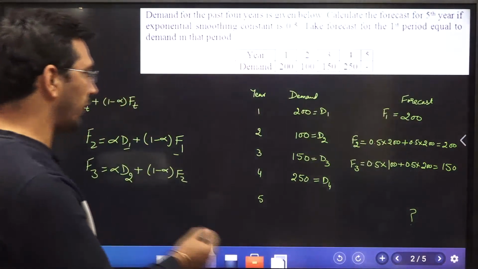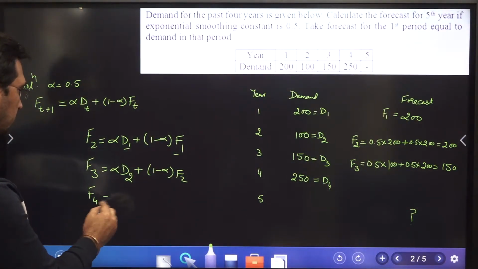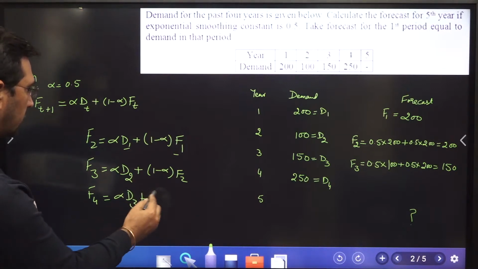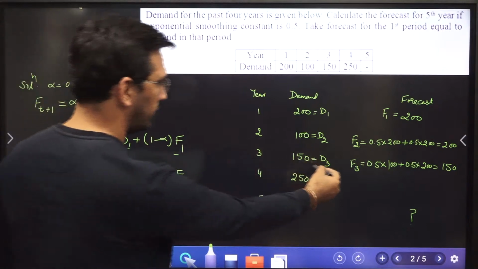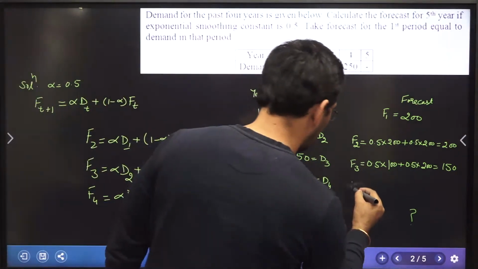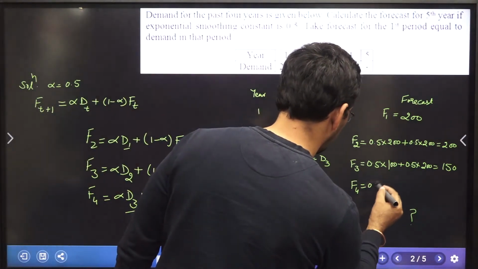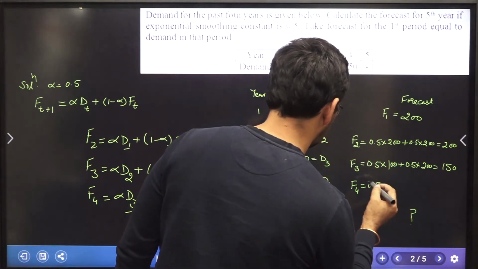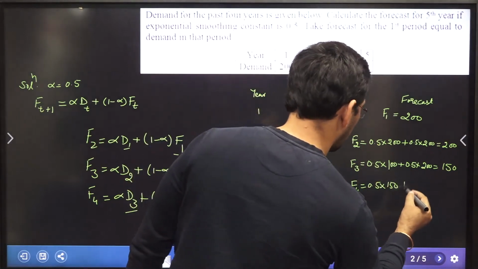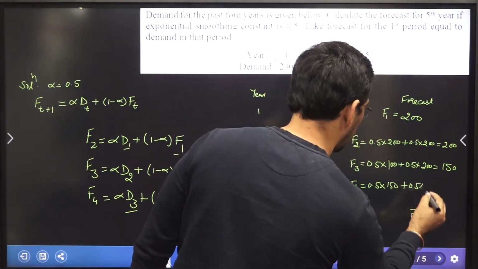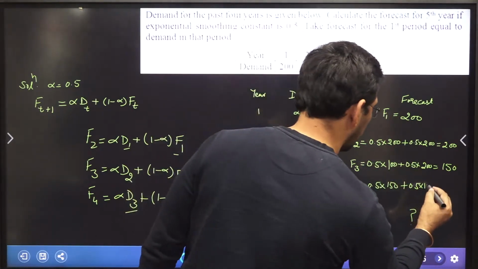Same way you can find out the forecast for the fourth period as alpha into D3 plus 1 minus alpha into F3. D3, F3, I can find out the forecast for the fourth period, 0.5 into, what is D3? That is 150, plus 1 minus alpha, 0.5 into forecast for the third period, that is 150.